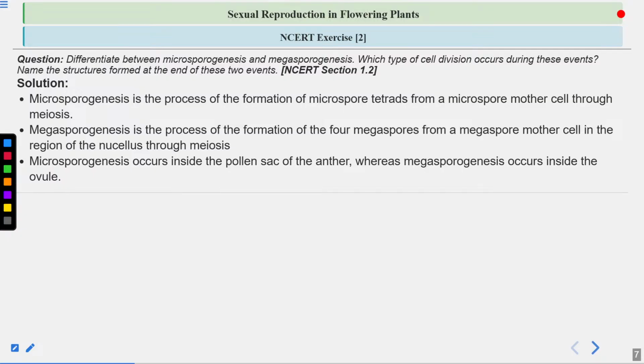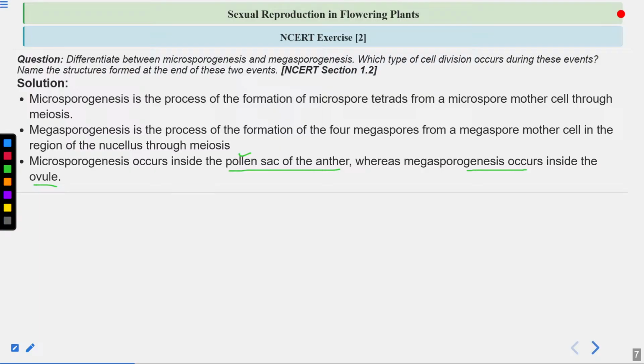Microsporogenesis occurs inside the pollen sac of the anther. This is the position. Whereas megasporogenesis occurs inside the ovule. This is also one of the differences.